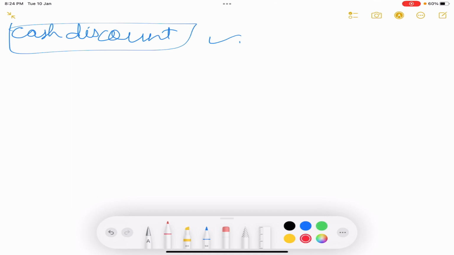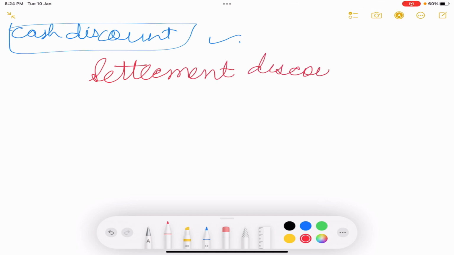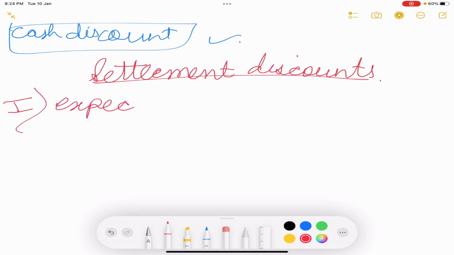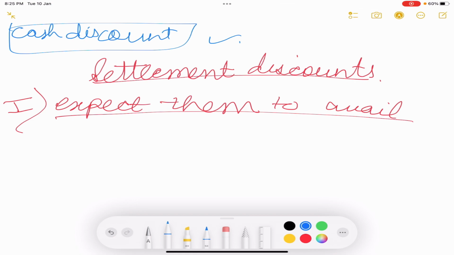And what were the different cases of settlement discounts? If you can recall, we also studied different cases of settlement discount. The first one is that the person who is buying from us, we expect them to take advantage of the early settlement discount. So since we expect them to avail, how will my invoice look?